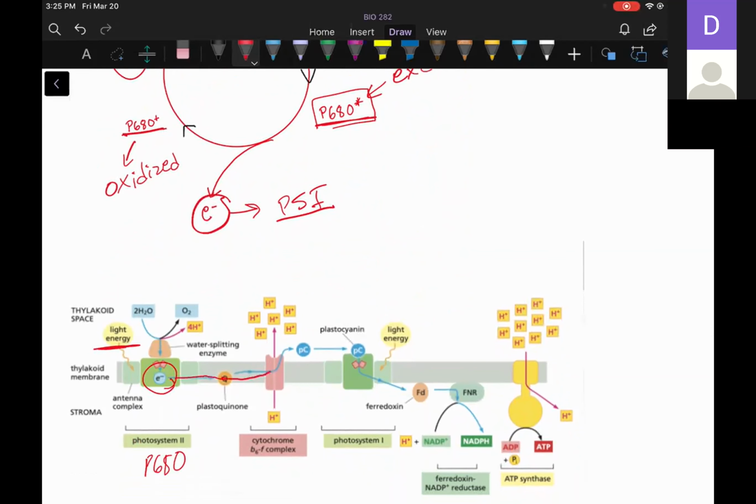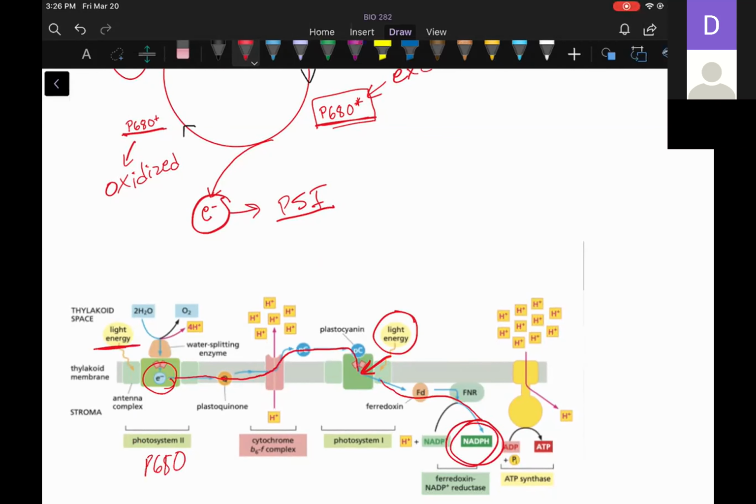It's going to go through all these complexes, cytochrome b6f, plastocyanin, and ultimately it's going to reach photosystem 1, sorry. Once it reaches photosystem 1, we're going to have light energy come, and it's going to strike those electrons again. And ultimately, those electrons are going to go to NADPH.